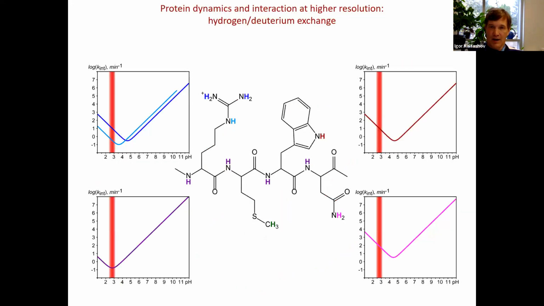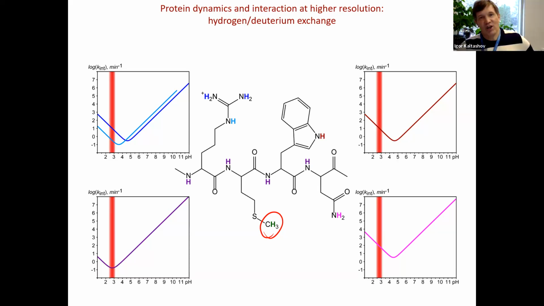Well, this is not a trivial thing by any means. Sometimes we try to make it sound like it's very simple, but it's not. The problem is that even when you look at proteins, there are several different types of labile hydrogens. All hydrogens attached to heteroatoms, such as nitrogen, sulfur, oxygen, and so forth, are exchangeable. Hydrogens attached to carbon atoms are not exchangeable, right? But everything shown in blue and maroon and magenta here are exchangeable hydrogens.